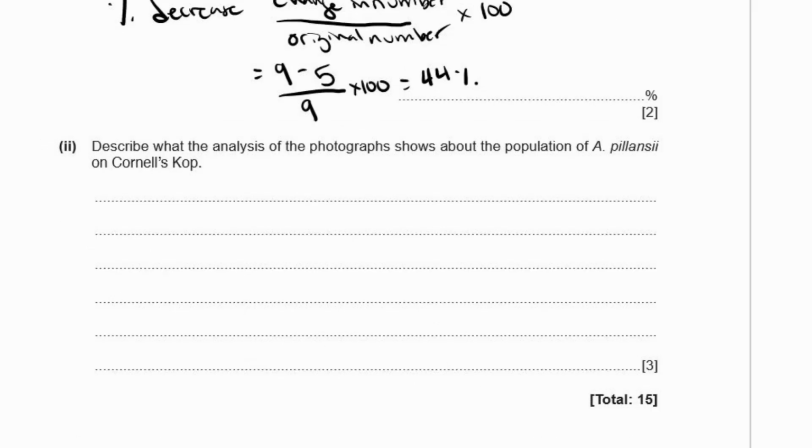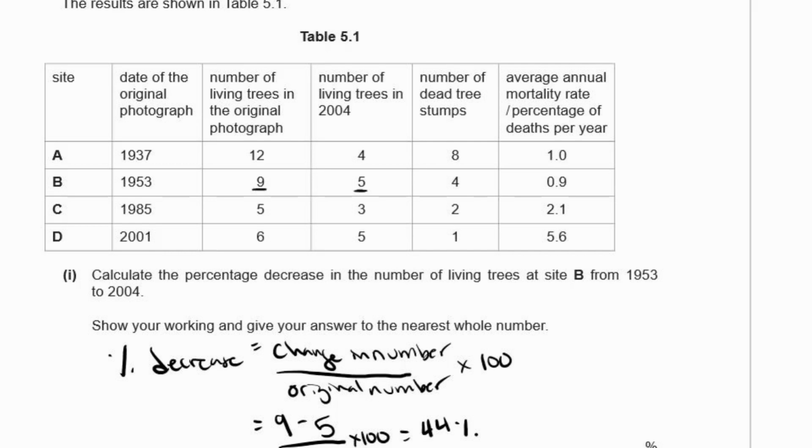2. Describe what the analysis of the photographs shows about the population of A. Palensi on Cornell's Cup. If we look at this table, there's lots of things we can see. We can see that at every single site, the number of trees has gone down. None of them have gone up.